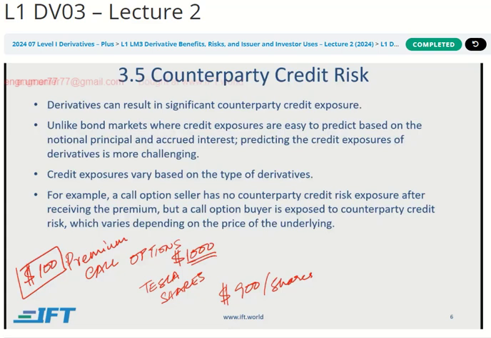Currently the price is at 900, and let's say 1 year later the price does actually go to $2,000 per share. Now a financial institution has sold this call option to us.